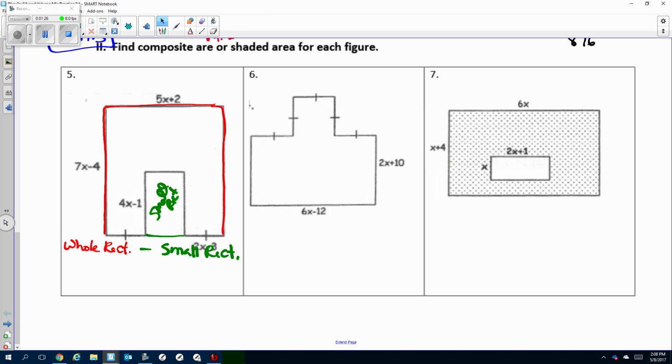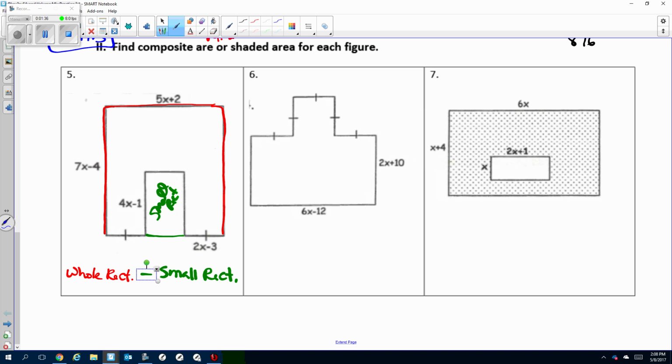And I'm going to move this down a little bit so we can see some relationships here. That minus sign. If I know that the whole side here is 5x plus 2, I know that correlates to the bottom here. And I know these two have tick marks so they're congruent: 2x minus 3.